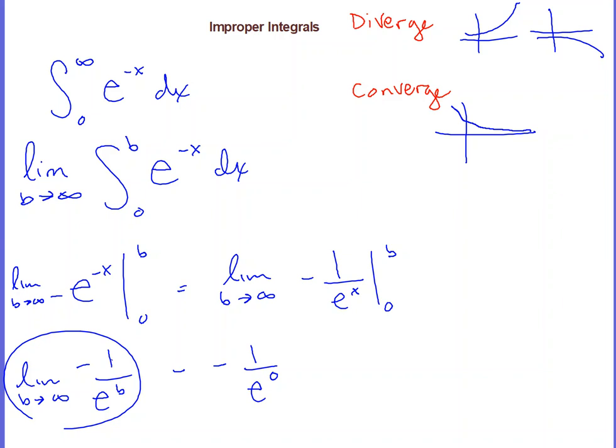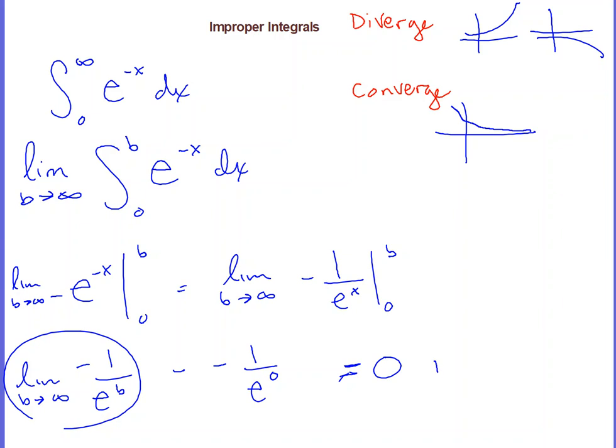And if you recall from AB, when you have something small over something really big, that limit is going to approach 0. If we have something big over something small, then it's just going to diverge. So this actually converges to 0.